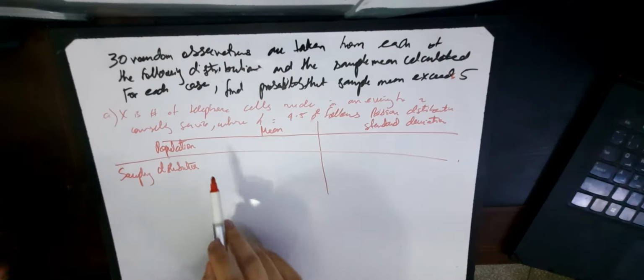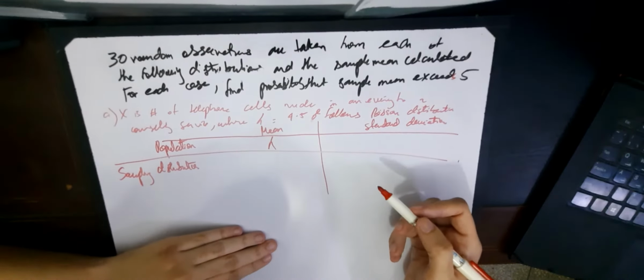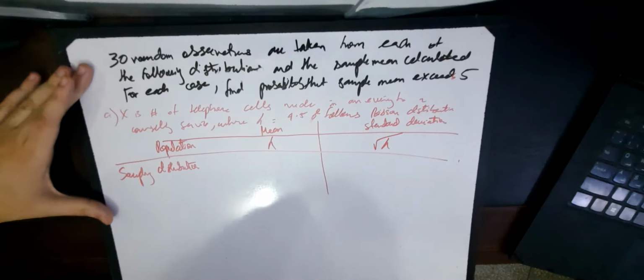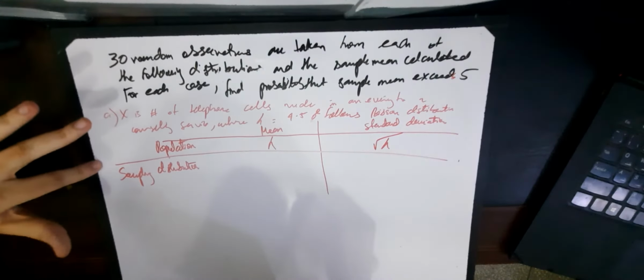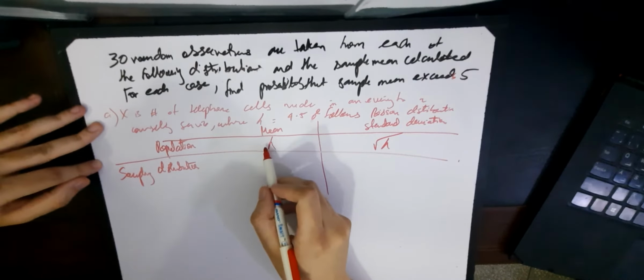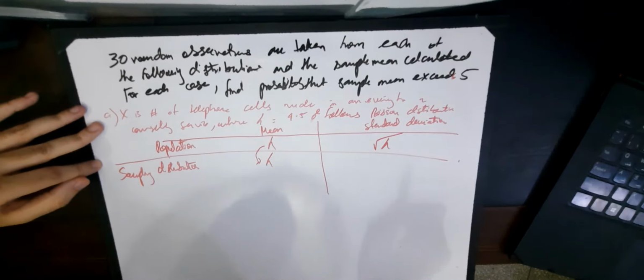When your population is a Poisson distribution, your mean is going to be simply lambda, and your standard deviation is going to be square root lambda. Your sampling distribution of sample means has a mean that is equal to your population mean, so it will be equal to lambda as well.